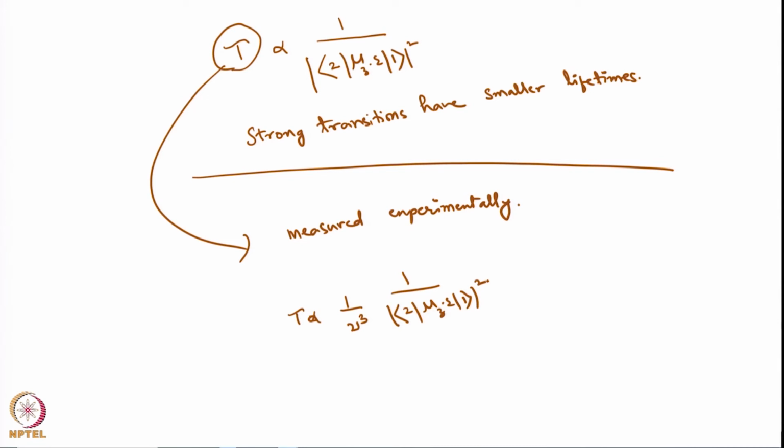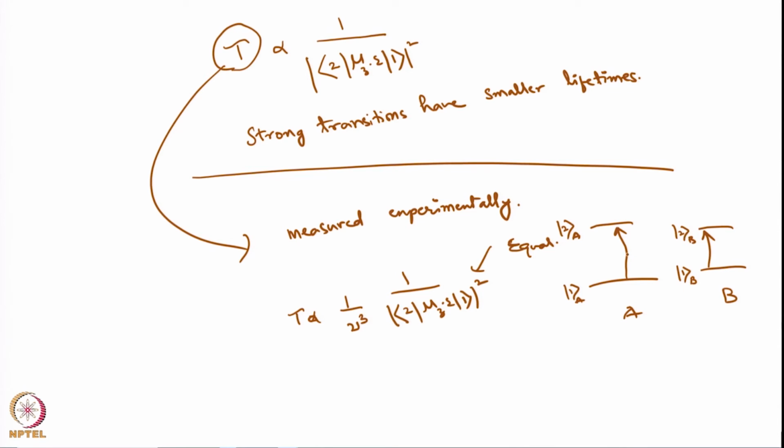Now, let us say there are two transitions, on molecule A and molecule B, such that I will call the levels 1A, 2A, 1B, 2B.